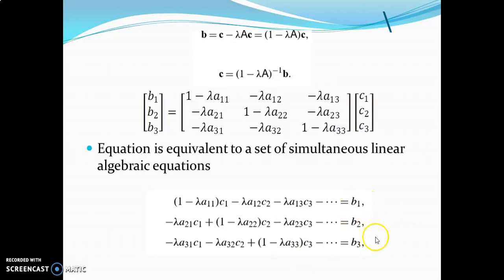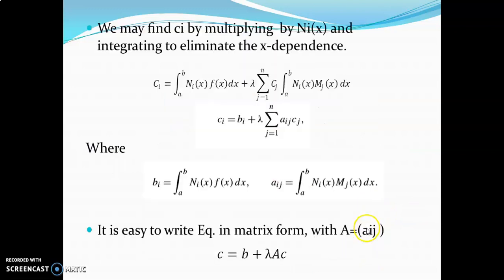So b1, b2, b3 are given by bi equal to integral a to b ni of x into f of x dx. b1 is equal to integral a to b n1 of x into f of x dx, and similarly b2 is integral a to b n2 of x into f of x dx, and by changing the values of ni's we can get the corresponding bi's.